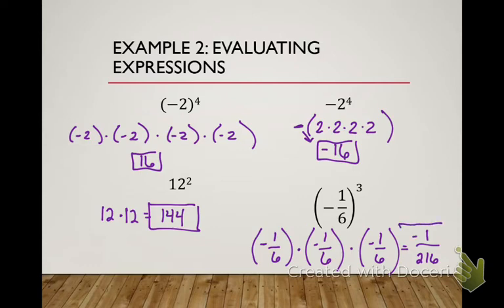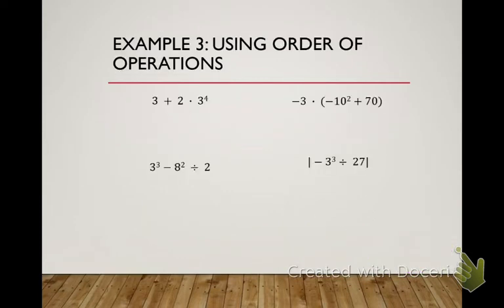Negative, because there were 3 negatives. All right, so whenever I evaluate a fraction, I evaluate the numerator and the denominator by that power. You with me, Anna? All right, stick in there. All right, stay with me.